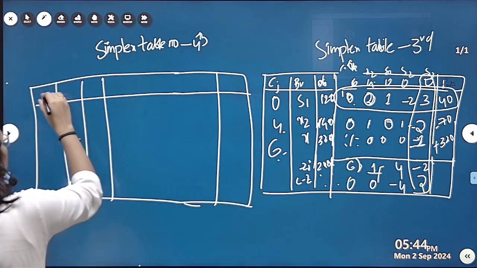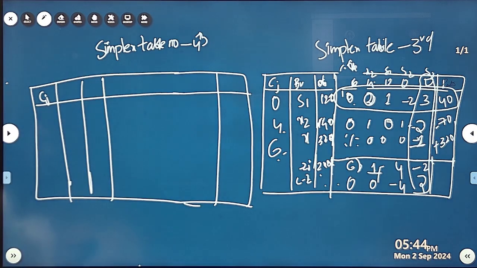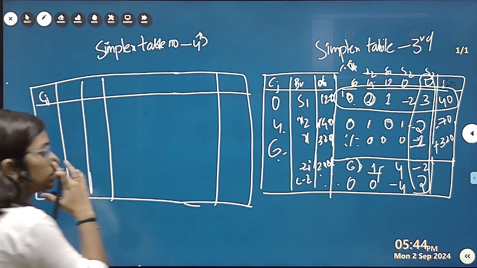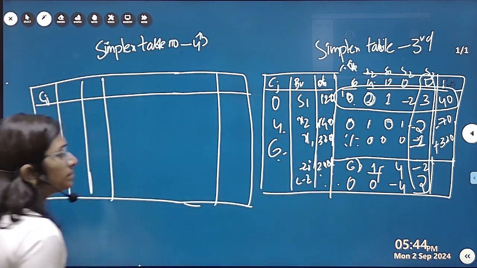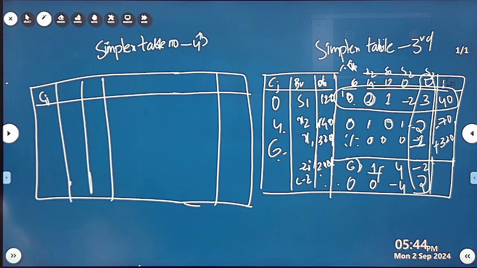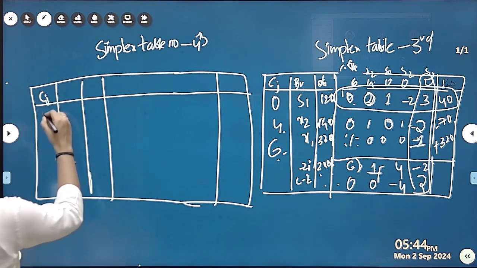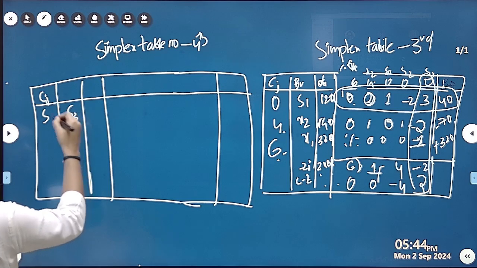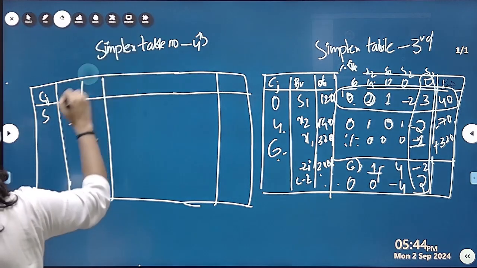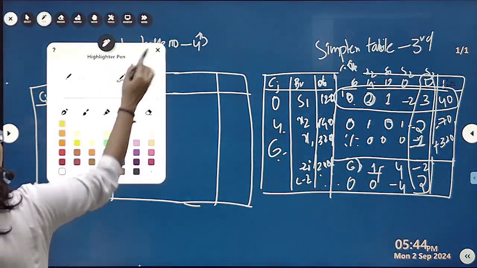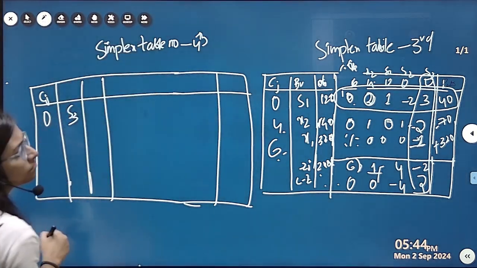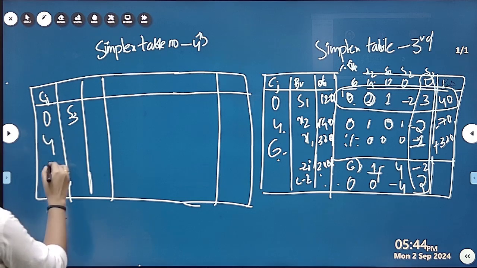So tell me, what are the Cj values now? What will be replaced by what? Which will you replace now? This is x1. Tell me which you will replace. S1 by S3. Okay, so now we need to write S3, right? What is the value of S3? 0. Here 4 and next 6.